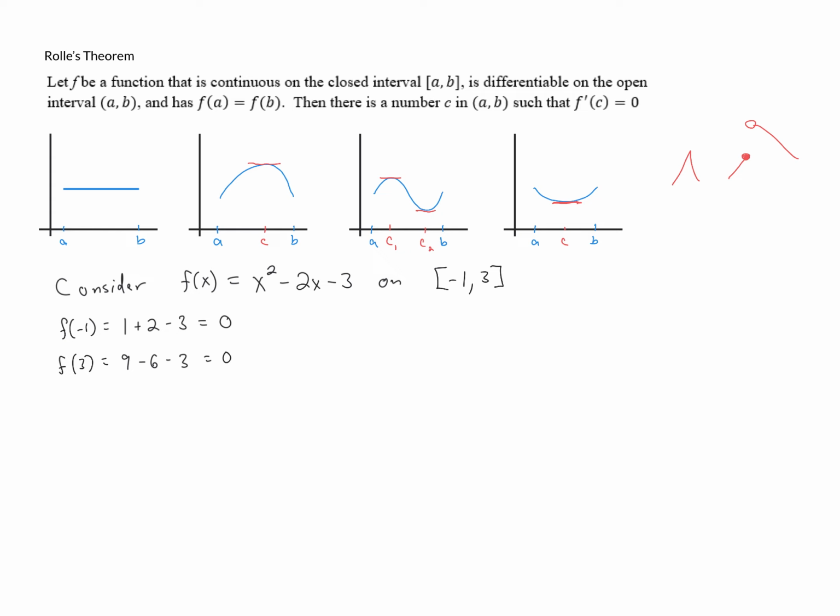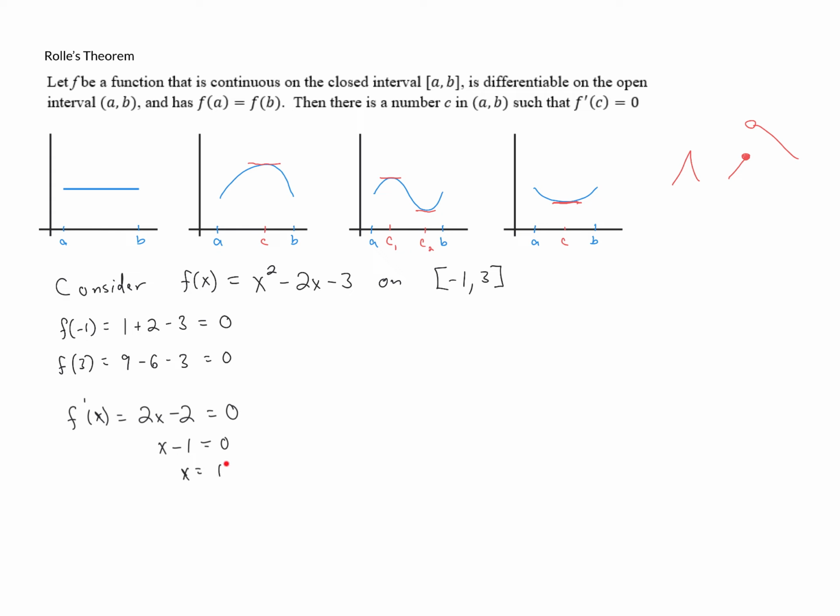Let's actually find that value. To do that, we will take the derivative. So f prime of x is equal to 2x minus 2. And if we set that equal to 0, we can divide both sides by 2, giving us x minus 1 equals 0. And if we add 1 to both sides, that gives us x equals 1.